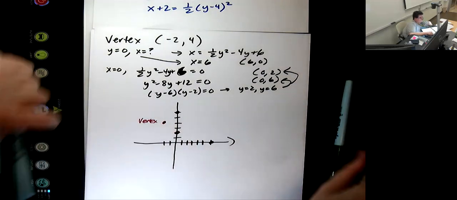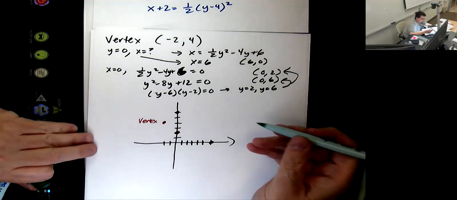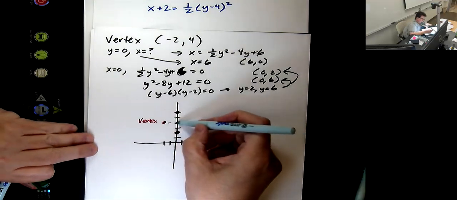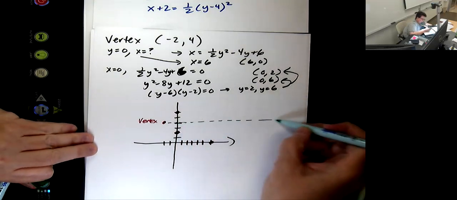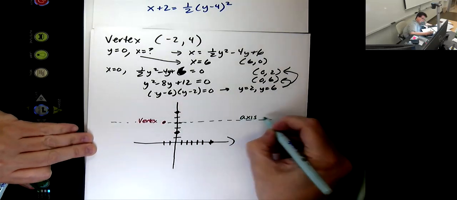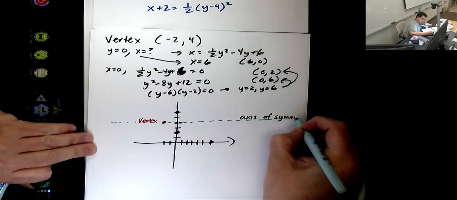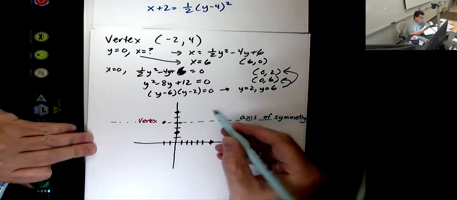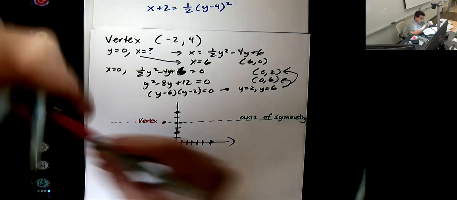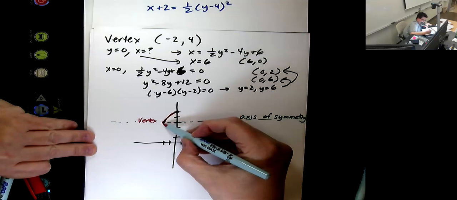We know the parabola is like a perfect reflection of itself across something called the axis of symmetry. This is the axis of symmetry. It goes right through the vertex and down the middle of the parabola. So I know it's going that way from the vertex because my points are over here.